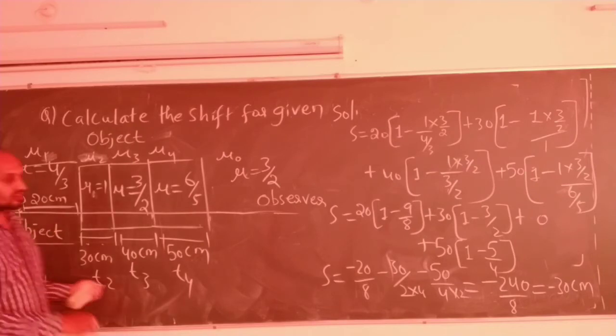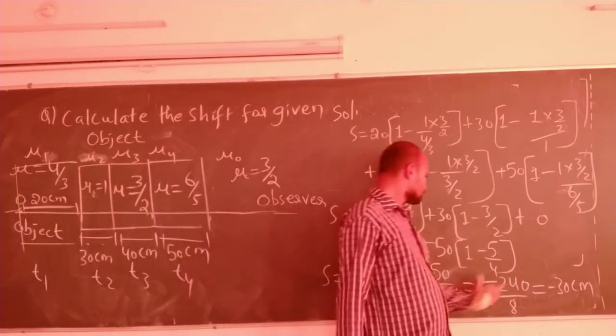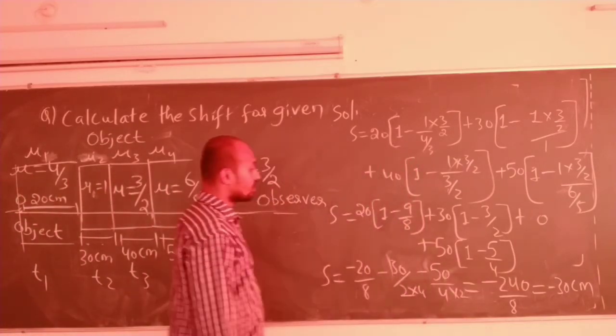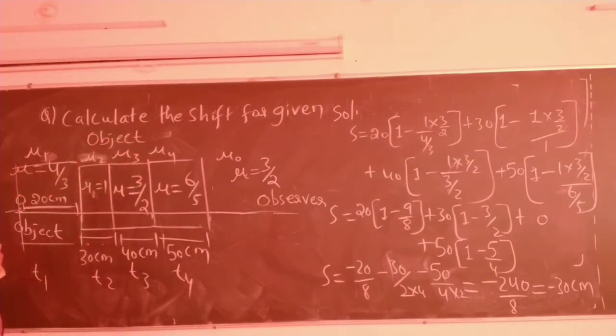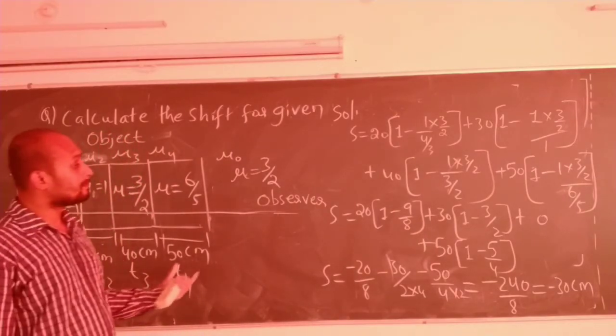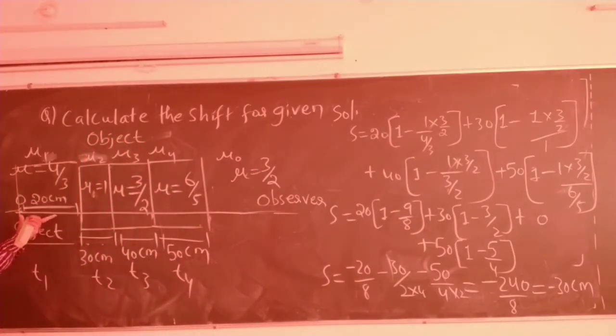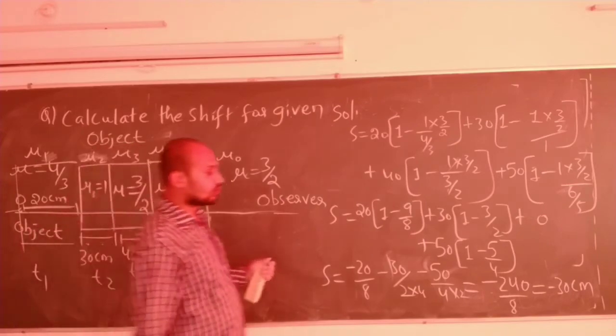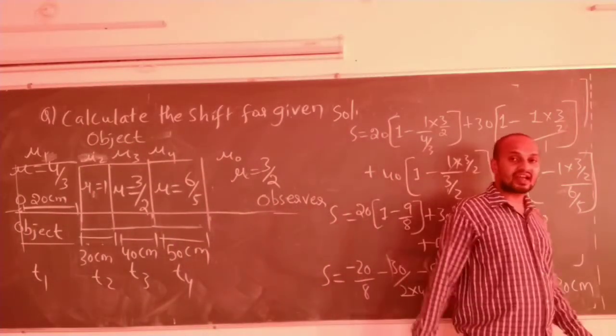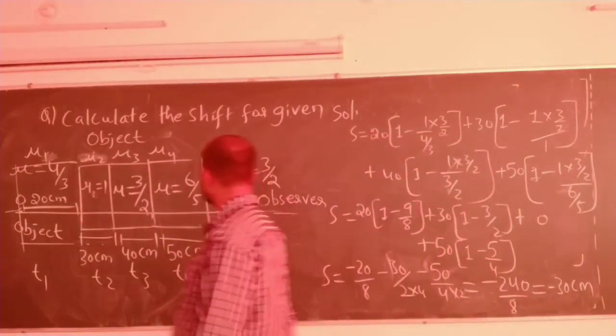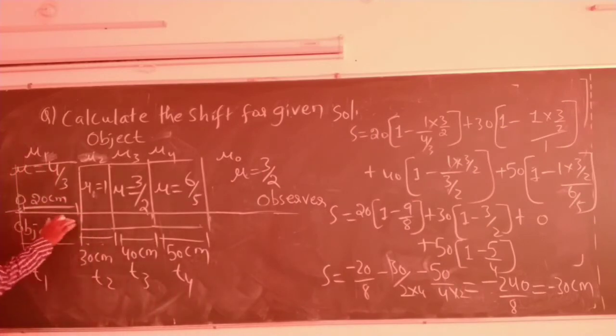What is happening to the image? Image is moving towards left side. This negative sign indicates that way. What it indicates? The image is moving towards left side.